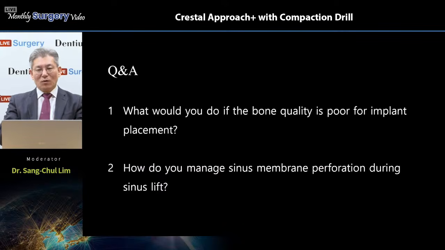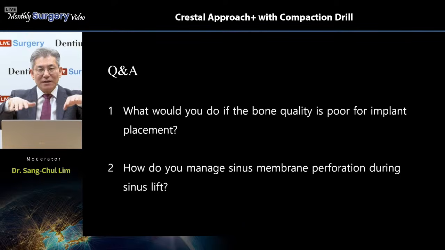So make a little bit bigger, wide trapezoidal incision and flap, and expose the lateral wall of the sinus and grind out or punch out. There are many different ways. Anyway, remove the lateral wall and separate the sinus membrane from the lateral wall and detach a little bit more and more.